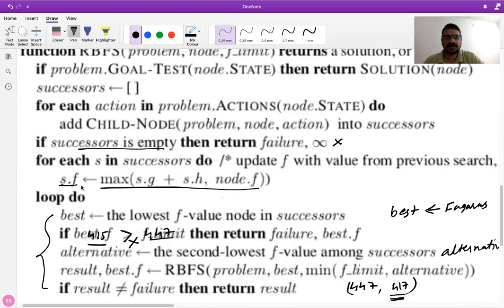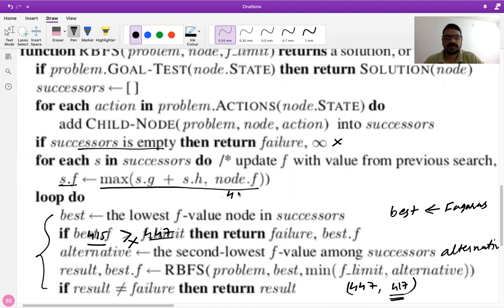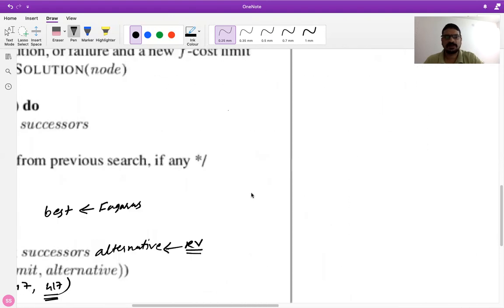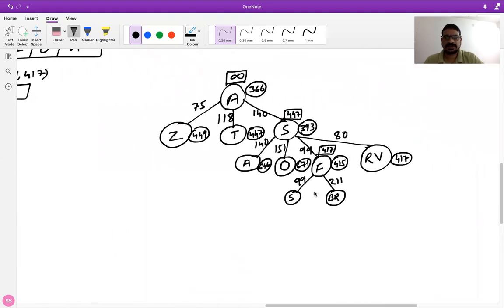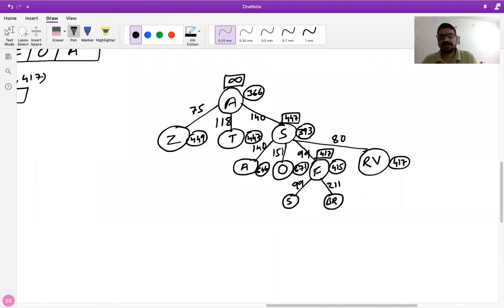Then we'll find out the F value for each and every successor. The F value of the previous node is 415, that we don't have to forget. And then we'll calculate this value. This should be greater than 415, then this value will come. Otherwise, this value will come as the F value. So we'll calculate this. Now 140 plus 99.